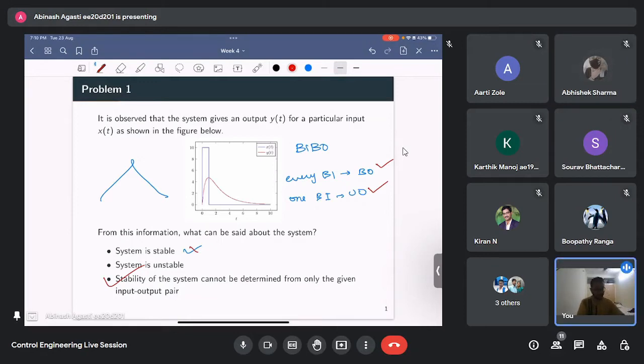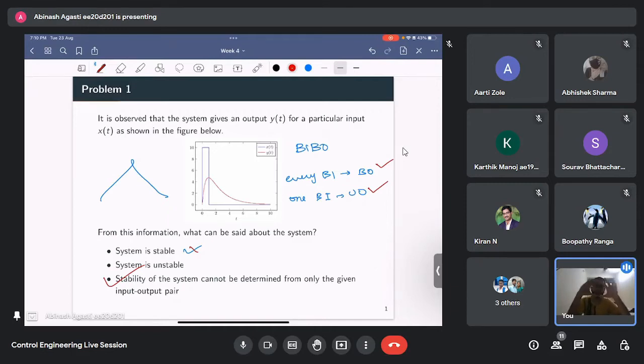So basically what I am saying is, the definition of BIBO stability for a system states that given any bounded input, if my output is bounded, then the system is stable.